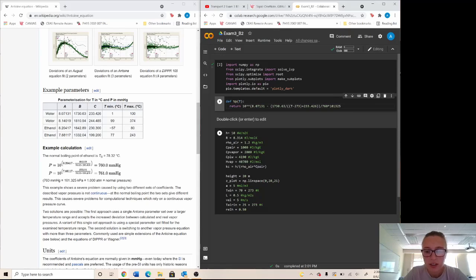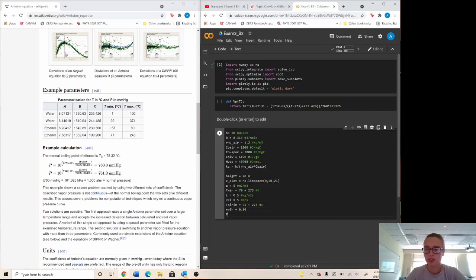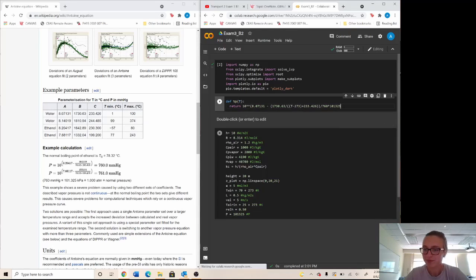And actually, I forgot to put the pressure in this one, so I'm going to put pressure is equal to 101,325 pascals, and that will do that right there.